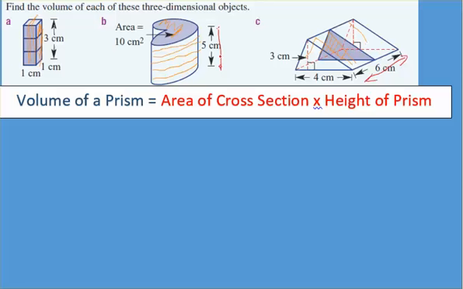Now I'm going to solve these. Let's start with A. We always start off by writing V equals area of the cross section times the height of the prism. I'm putting a capital H there, and I'll show you why that's important when we get up to this triangular prism. So the volume is equal to the area of the cross section.